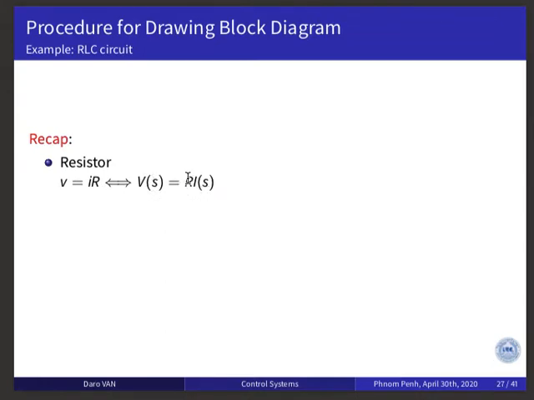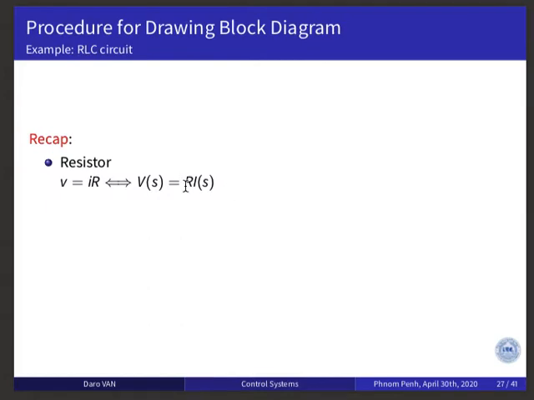So this R is constant, and you take the Laplace transform of both sides. We're going to use a lot of Laplace transforms, and if you don't remember, you should go back to lecture 2.